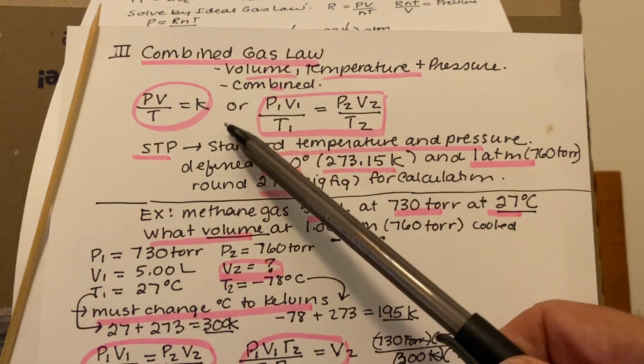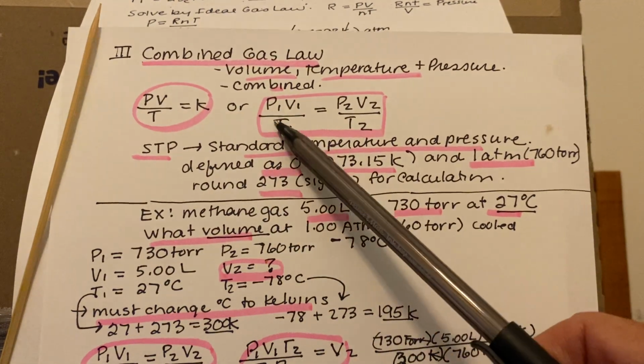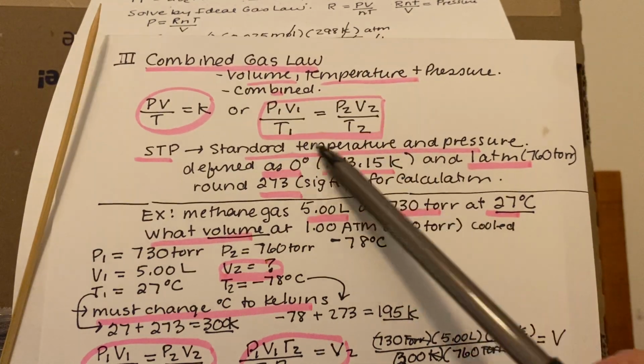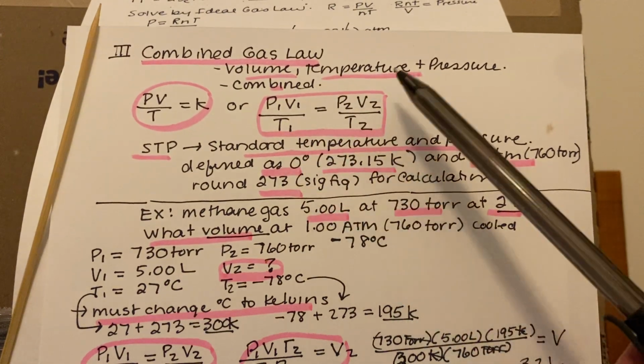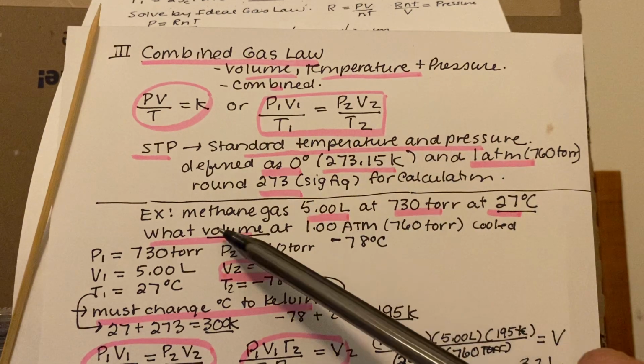So we have PV over T equals k, or P1 V1 over T1 equals P2 V2 over T2. This is the combined gas law. Just remember this; it's a formula you need to know, and you'll use it for any kind of problem, okay?